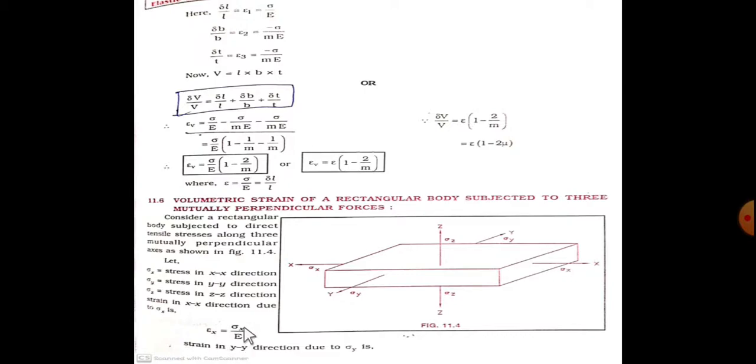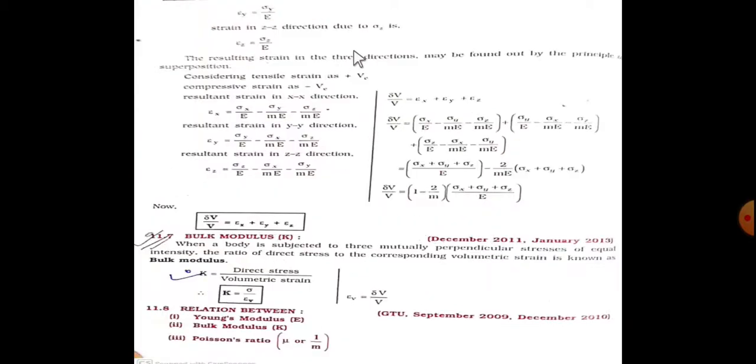Strain x is equal to sigma x upon E, strain y is equal to sigma y upon E, and strain z is equal to sigma z upon E. Now, whenever there are stresses in each direction, the dimension in the x direction must increase, but the remaining two directions have a decreased dimension.